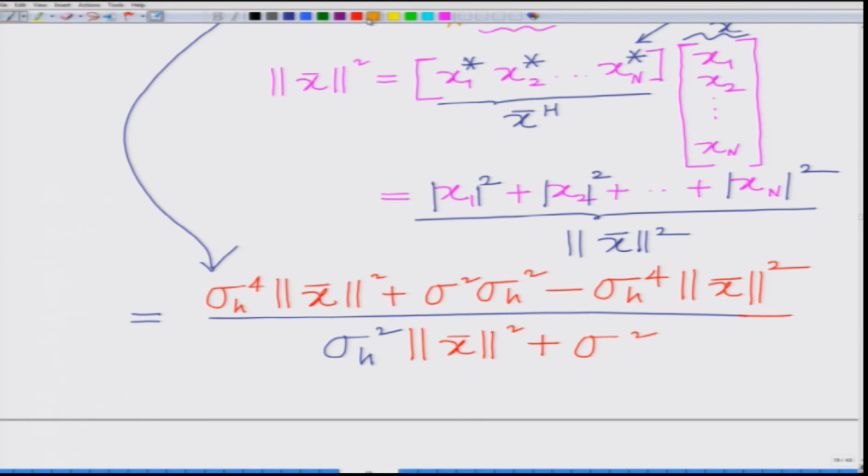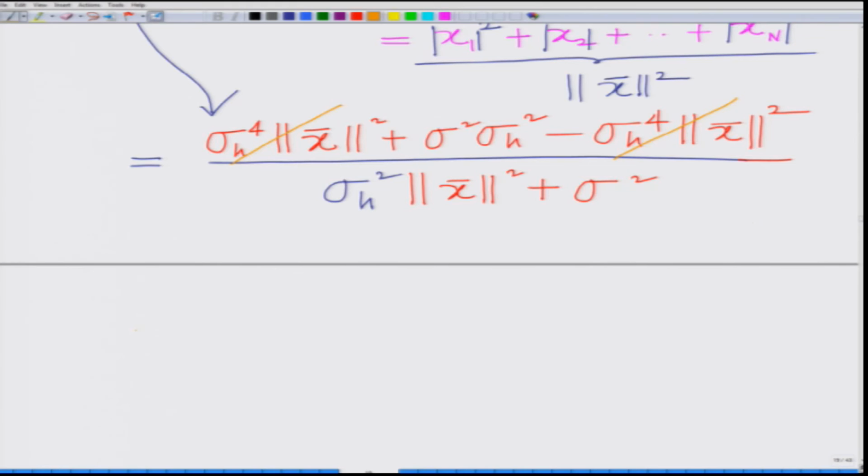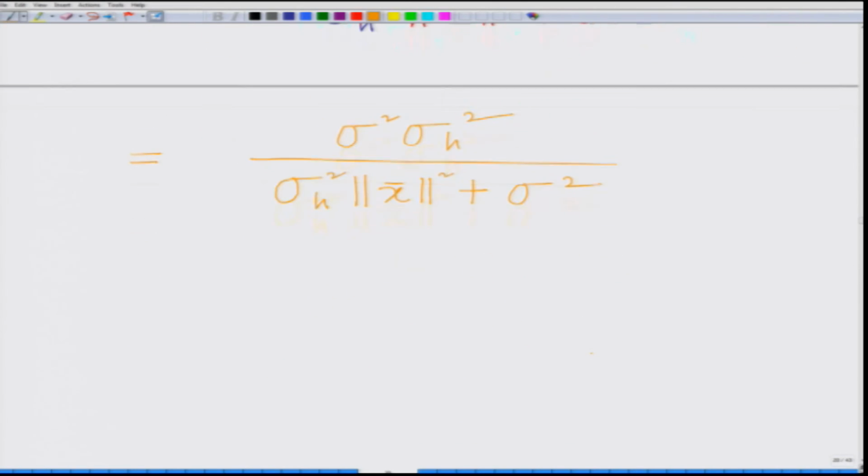You can see the sigma h power 4 norm x bar square terms cancel, and what you are left with is sigma h square sigma square divided by sigma h square norm x bar square plus sigma square.